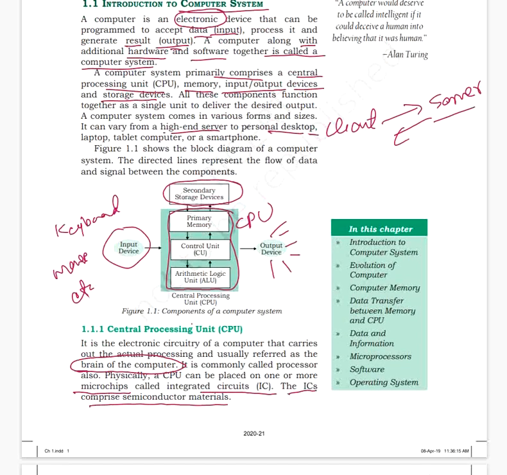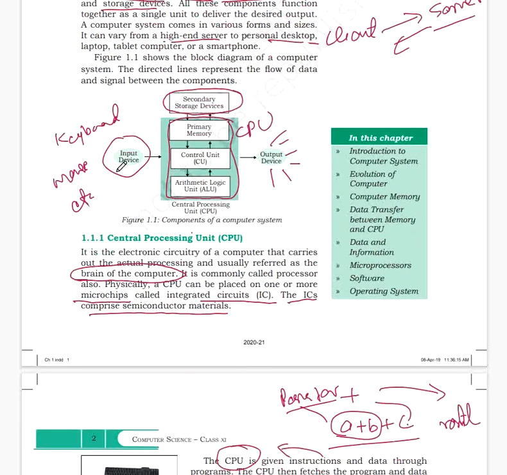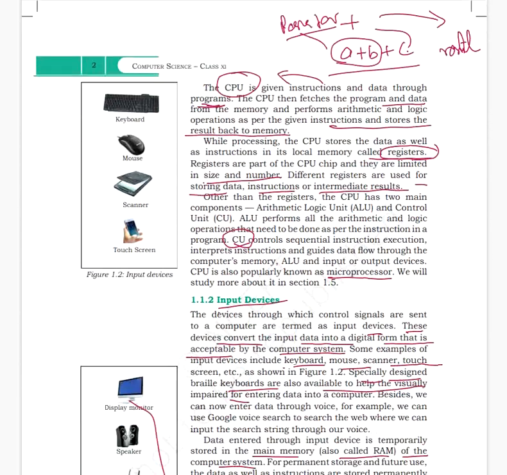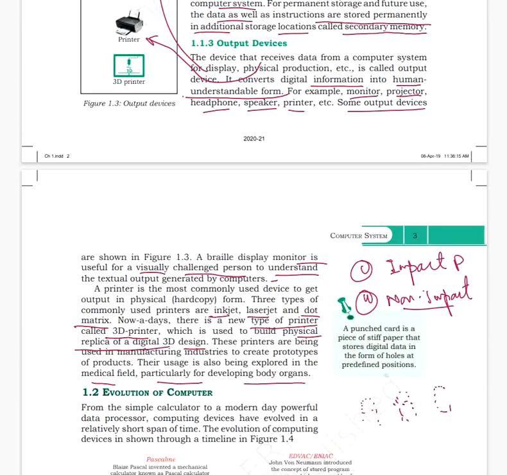And this is the block diagram: input devices, output devices, the CPU, and the storage devices. Then we discussed the central processing unit, that is the brain of the computer, and then input devices, then output devices. So this is all about today's lecture.